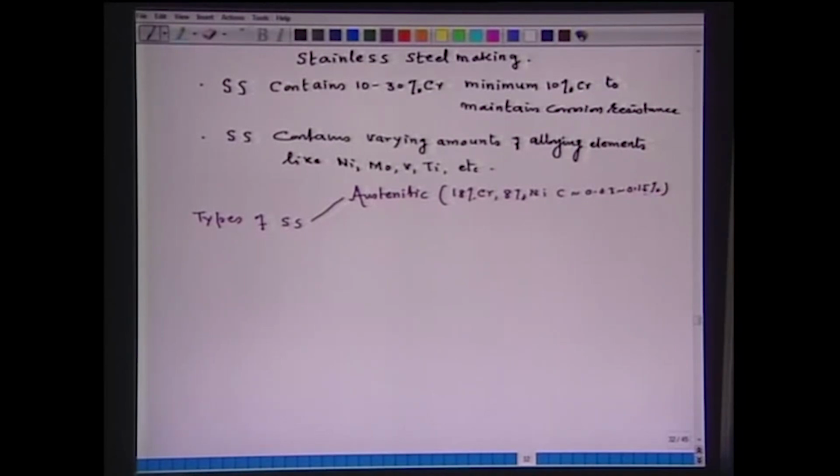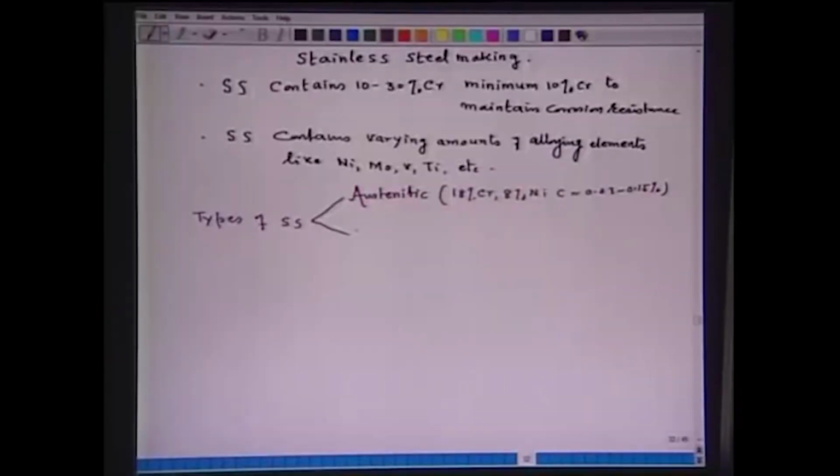So, remember, the austenitic steel is characterized by low carbon and high chromium. That is important for the lecture which is coming now. Another grade is ferritic. Ferritic grade has 12 to 30% chromium, 0.08 to 0.12% carbon, again low carbon, high chromium.